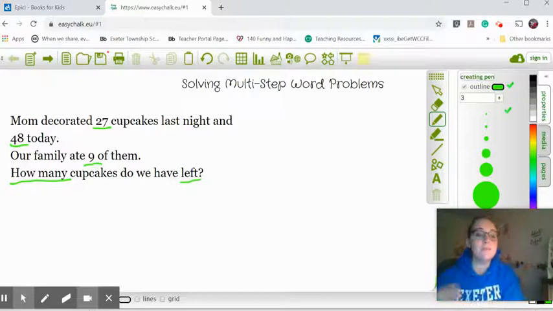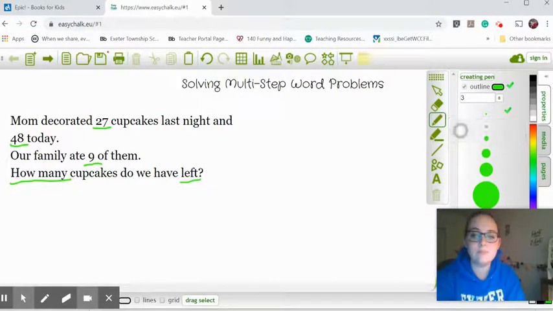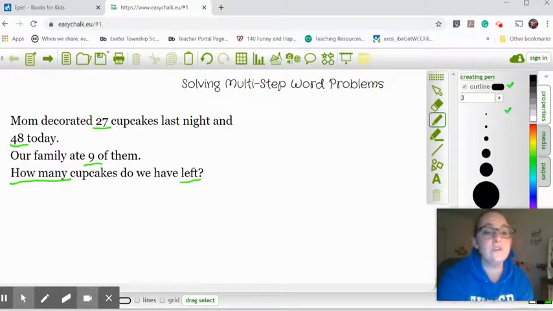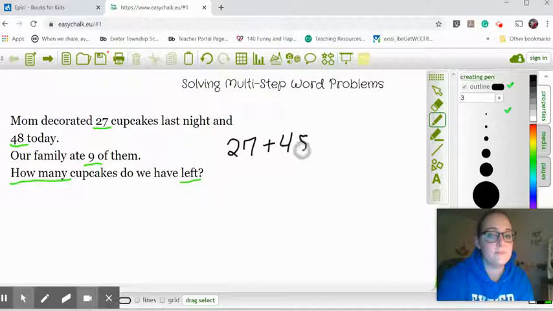So remember, if you have something left, that's one of the keywords to know that I'm probably going to be subtracting at some point. So I know, first of all, I need to figure out how many cupcakes Mom had altogether, because we ate 9 of them, but I don't know how many we had to start. So I need to take my first two numbers, which are 27 plus 48. Now, I can start by breaking that apart.